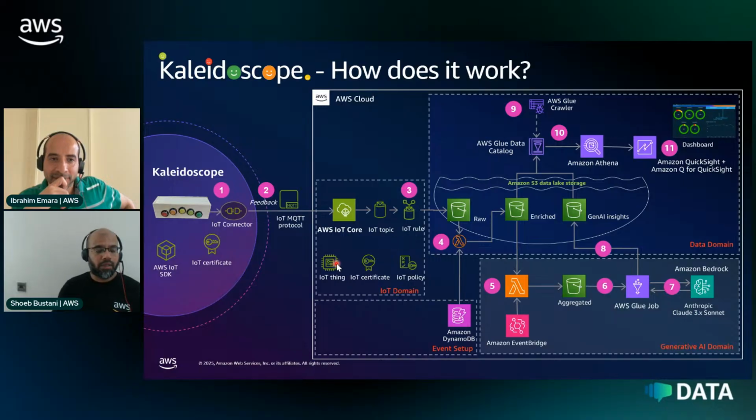All of these devices have been created as an IoT thing. They have their own identity, own certificates, and well-defined policies. So that's where it gets to the raw part.